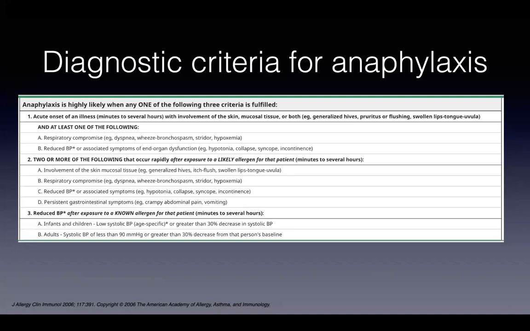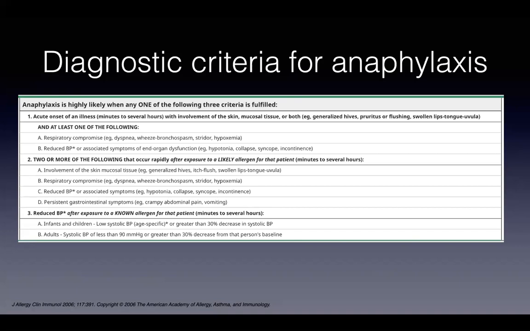Number one is acute onset of an illness, that is within minutes to several hours, with involvement of the skin, mucosal tissue, or both, and at least one of the following, that is either a respiratory compromise or reduced blood pressure. Next point is two or more of the following that occur rapidly after exposure to a likely allergen for that particular patient. The duration is also very much fixed, that is minutes to several hours.